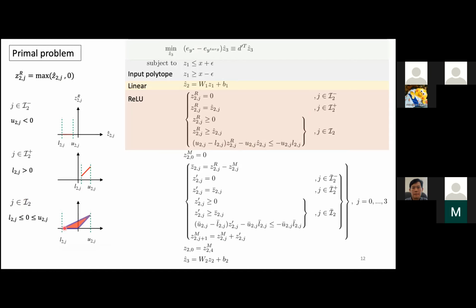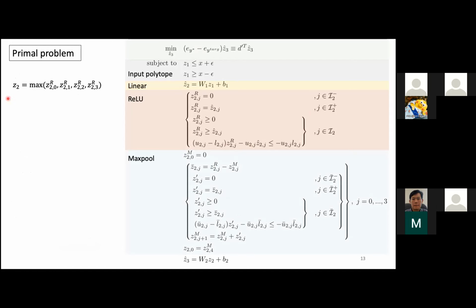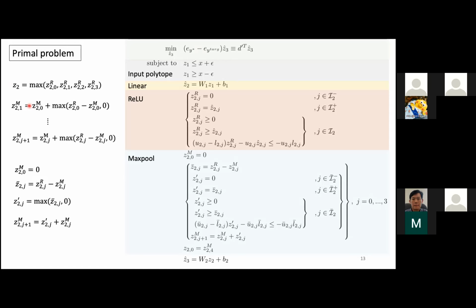So next, we will move on to the constraints in the max pooling. So let's review the function of the max pooling here. We can see that, as we mentioned before, this equation can be rewritten in this form because we apply the decomposition idea here.